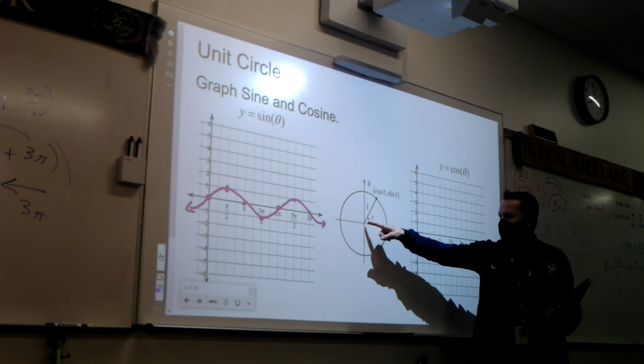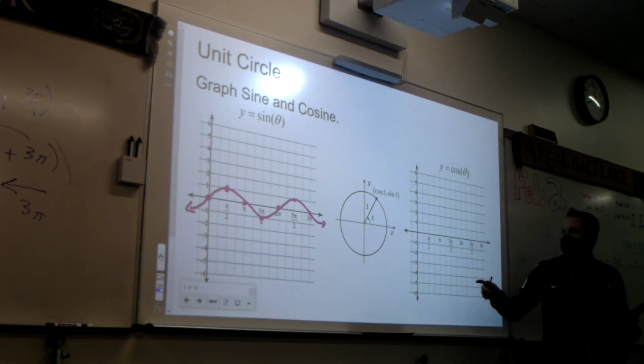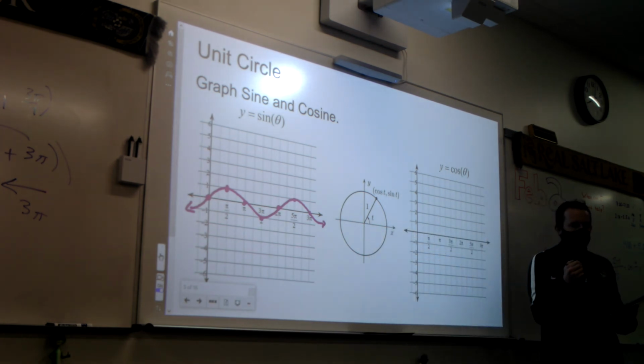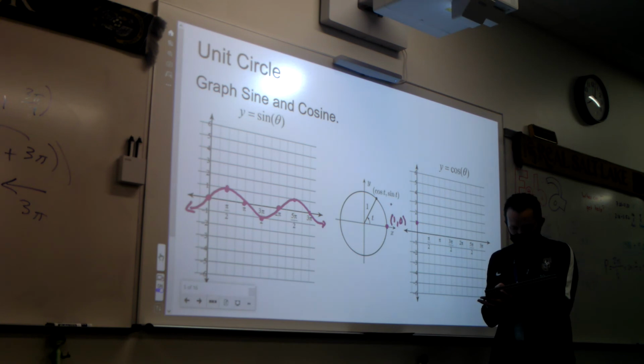So now what is the length at 0? The length is actually the whole thing, which is 1. So if I look at the point right here on the unit circle, this is the point (1, 0). So the length, which is x, is 1. The height is 0.